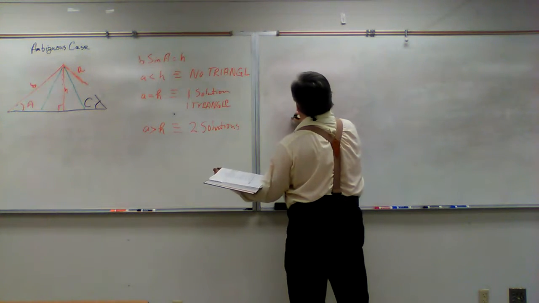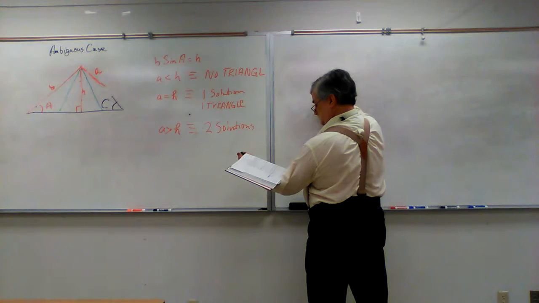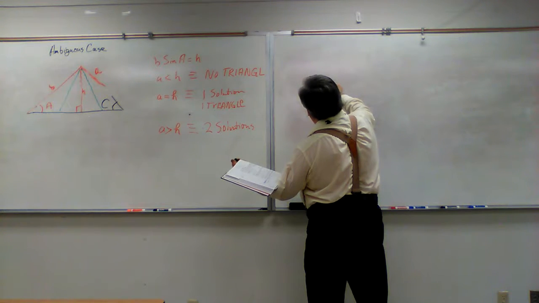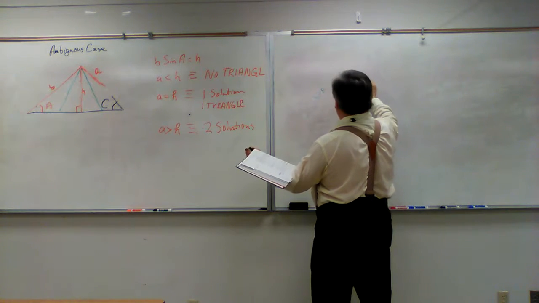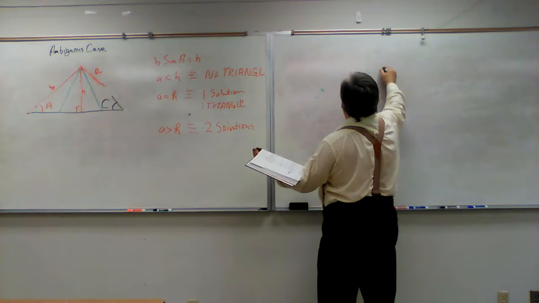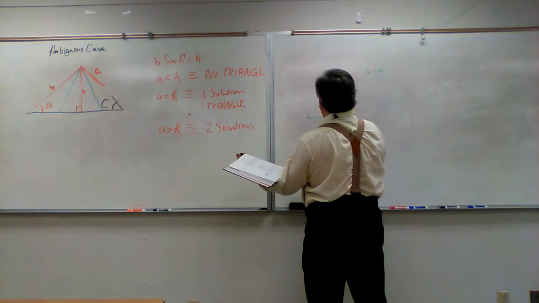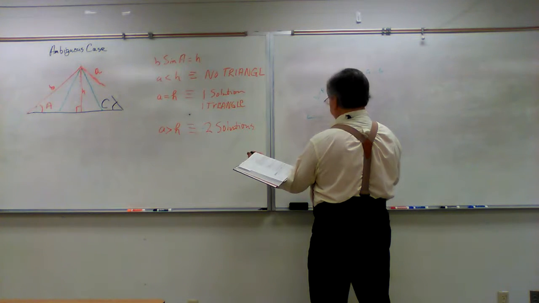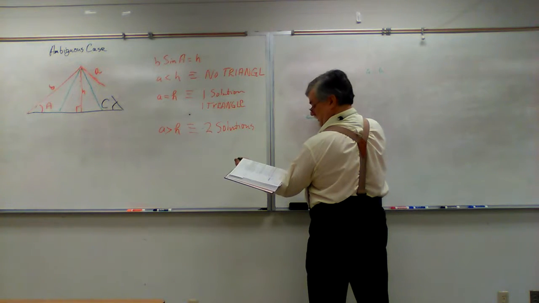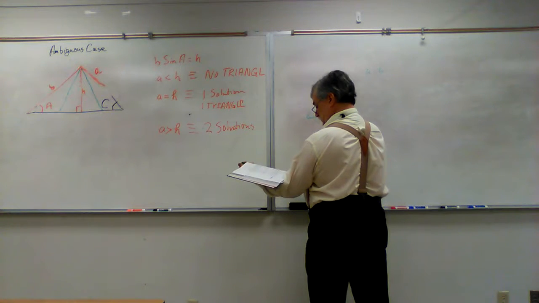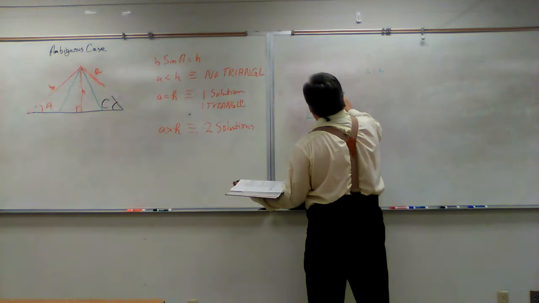Here we've got B equal to 8, A equal to 6, and this angle A is equal to 35 degrees.